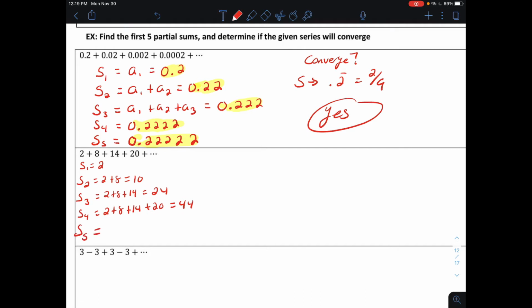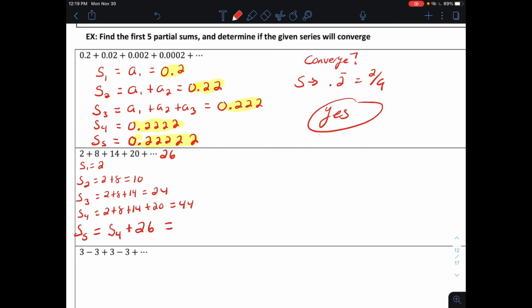And then the fifth partial sum would be the sum of the first 5 numbers. Well, if I continue that pattern on, the next number, which isn't listed, is 26, because I'm adding 6 each time. And so for that fifth partial sum, instead of continuing to add numbers over and over again, the fifth partial sum would be equal to the fourth partial sum plus the next number I wanted to add, which in this case would be 26.